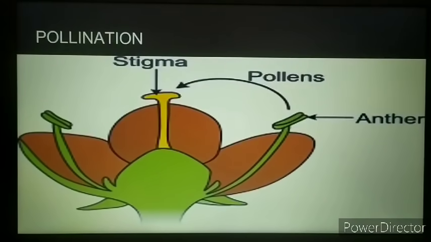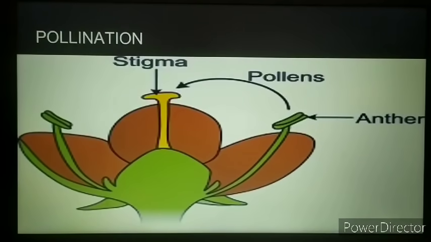When the pollen is moved from the stamen of a flower to the pistil of a flower, it is called pollination. So we can also say that the transfer of pollen grains from the anther of a flower to the stigma of the same flower or another flower of the same kind or same species is called pollination.